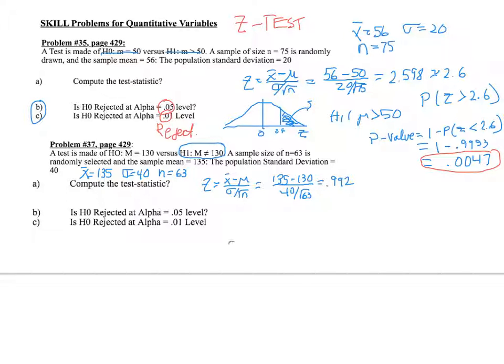So how we calculate the p-value is we put the z-value on the standard normal curve. Here's 0, and here is 0.99, and we'll also look at negative 0.99, so we're looking at the areas on either side of that value.